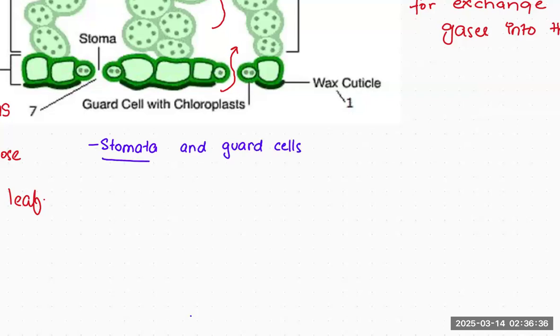The stomata are the openings, the pores, in the leaf that allow the gases to diffuse in and out of the leaf.